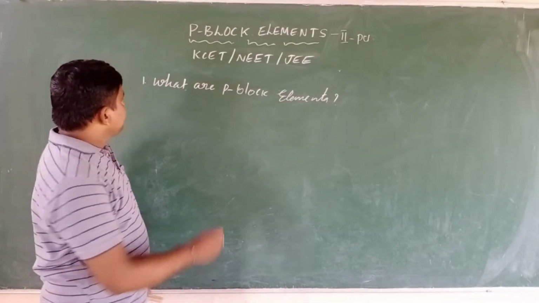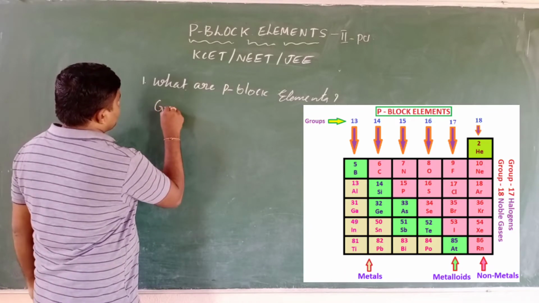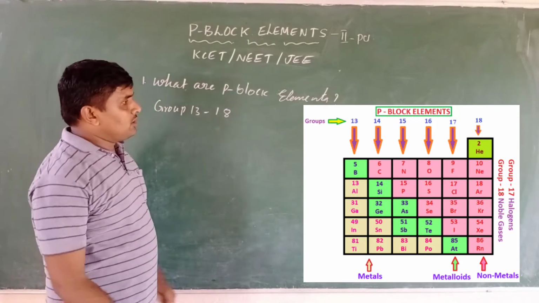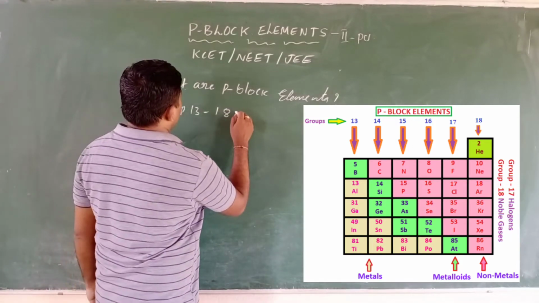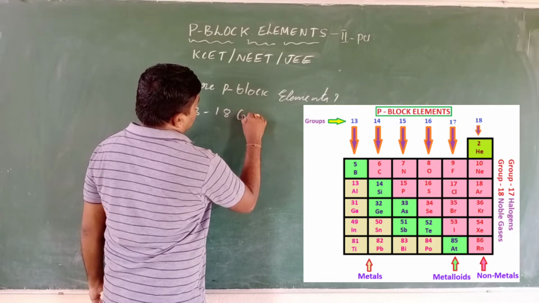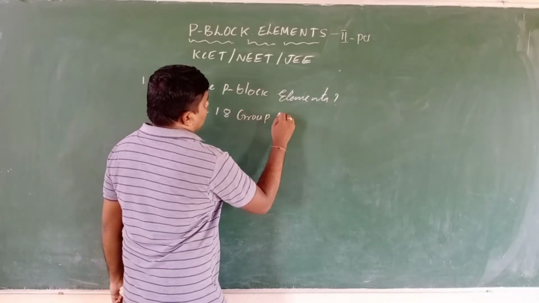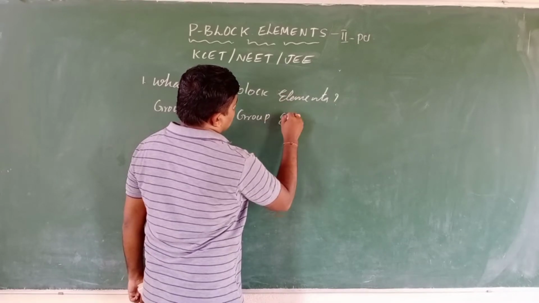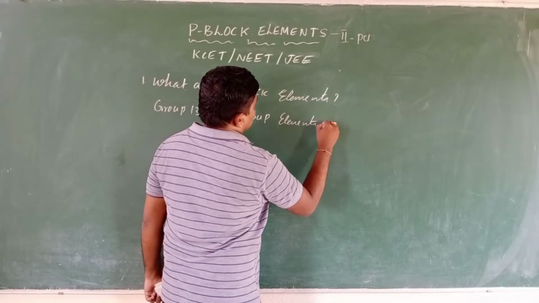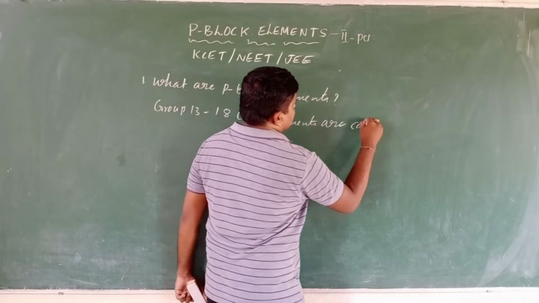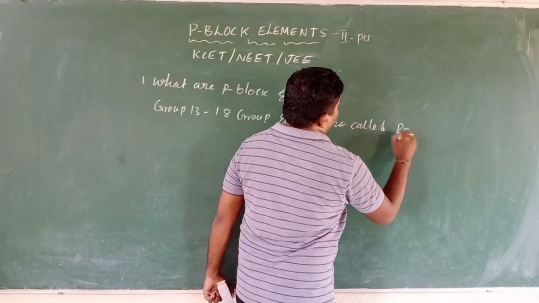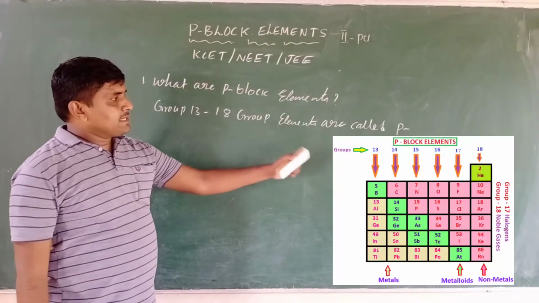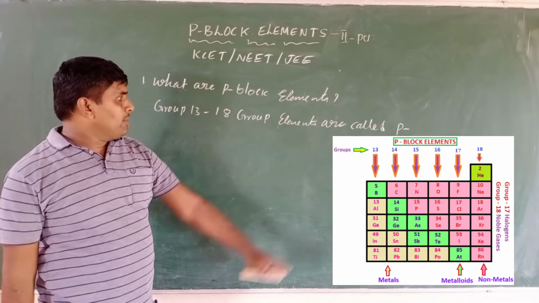Here, group 13 to 18 group elements are called P block elements. From group 13 to 18, elements are called as P block elements.